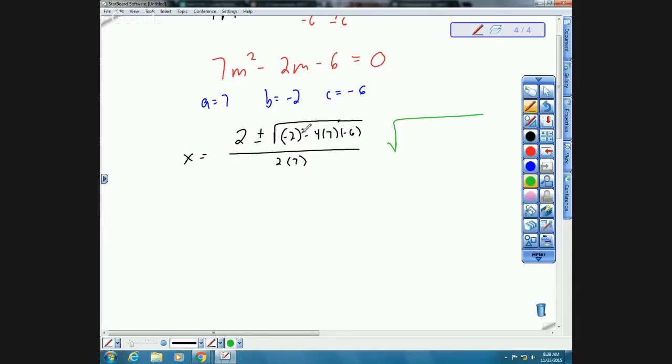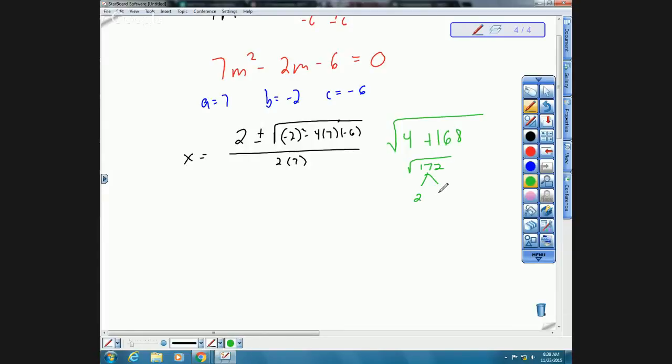So take the radical, so -2 squared is 4, -4 times 7 times -6. -28 times 6. 168. So now that's the square root of 172, so let's break it down. 2 will go into it, right?